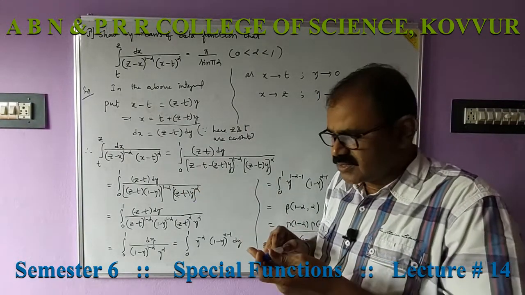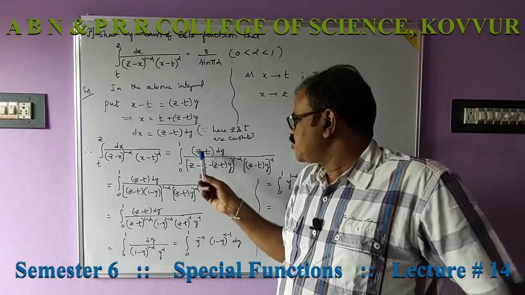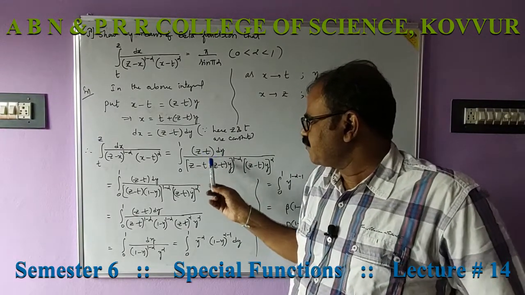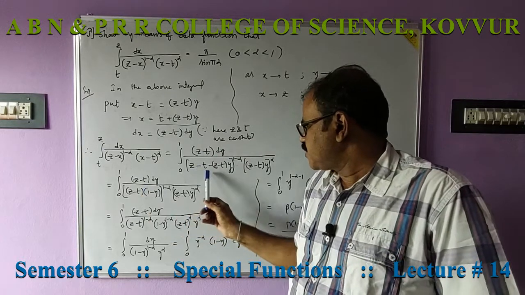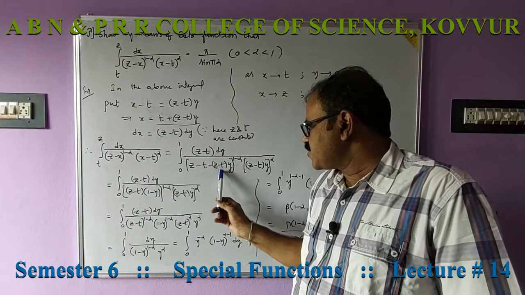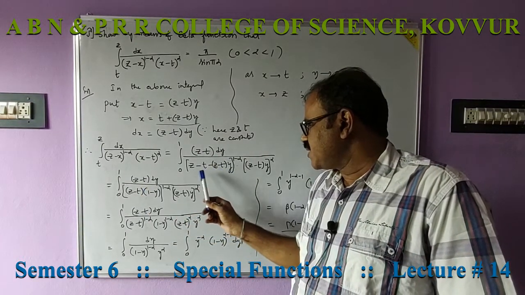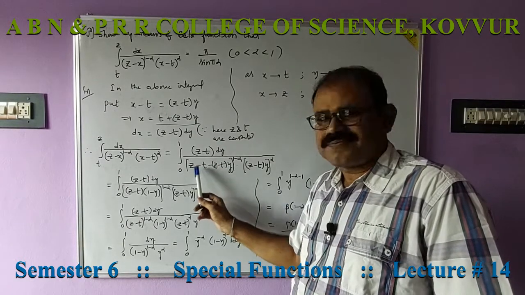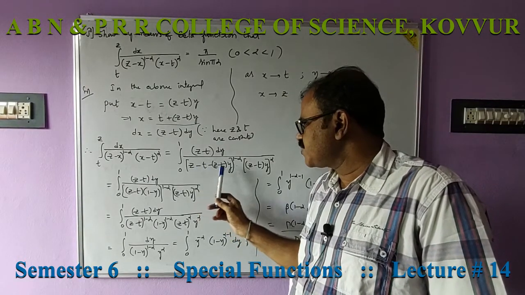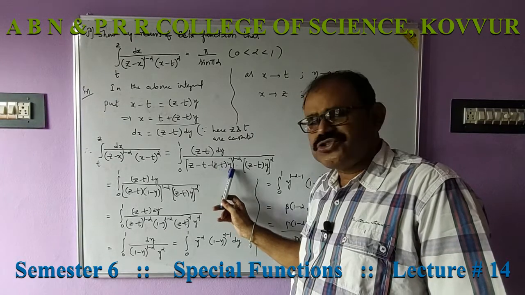So, simplify this. In the numerator, you have (z minus t) into dy. By, this is z minus t minus (z minus t) into y. Take z minus t as a common factor. This is 1 times (z minus t) and this is (z minus t) into y.